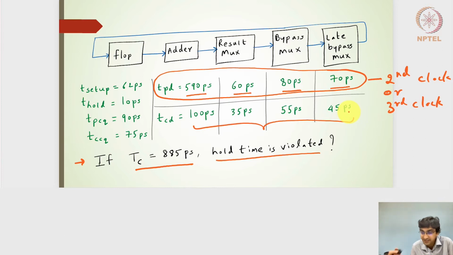Let's say the propagation delay of all these 4 blocks allows the output to be captured only in the third clock edge, but the contaminated output is allowing the flop to capture in the second clock edge. Then I think there is a violation.